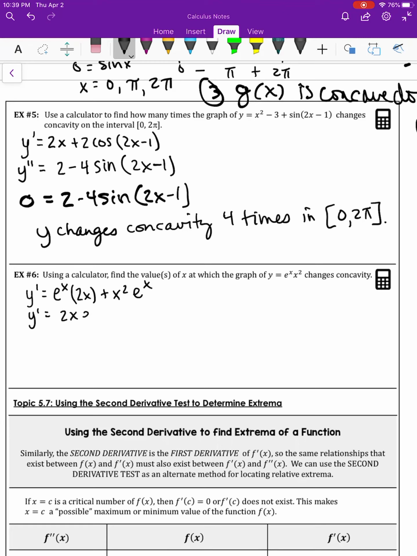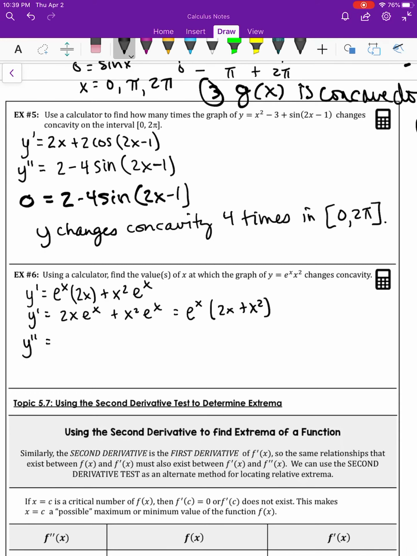So this is going to be 2x times e to the x plus x squared times e to the x.